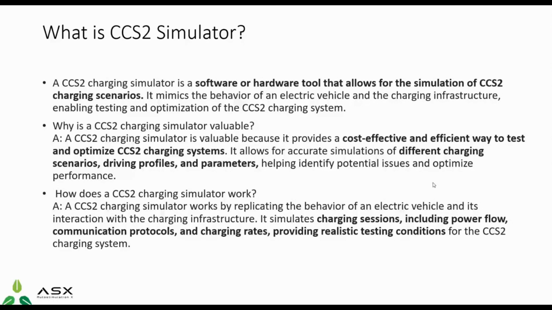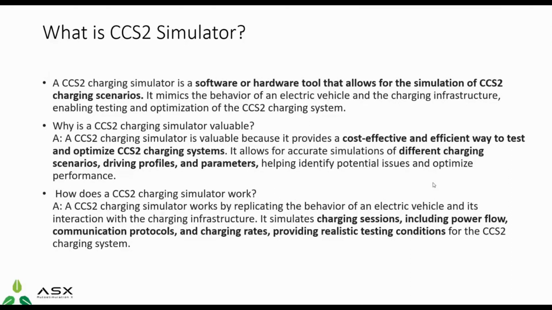The simulator provides different parameter configurations. It also simulates different charging stations, including power flow, communication protocols, and charging rates.